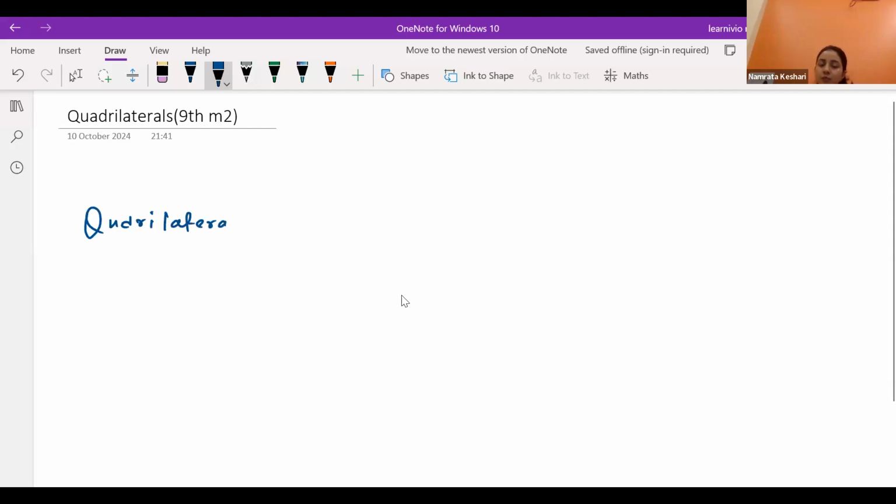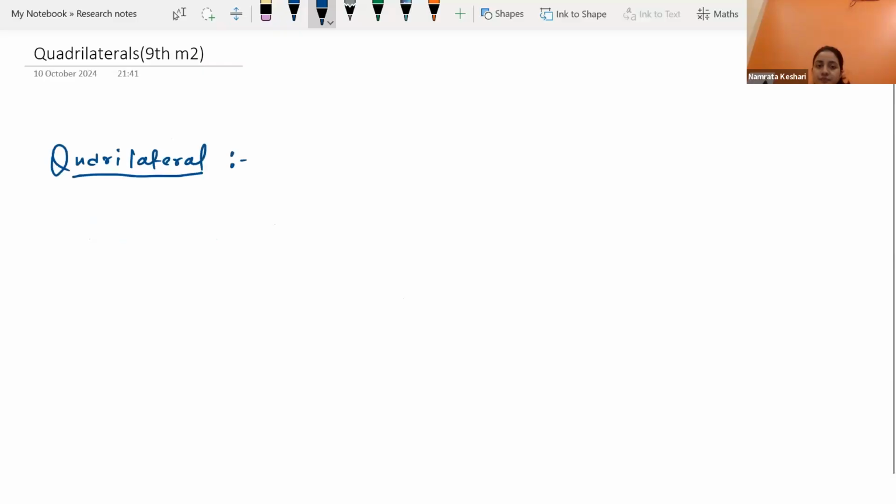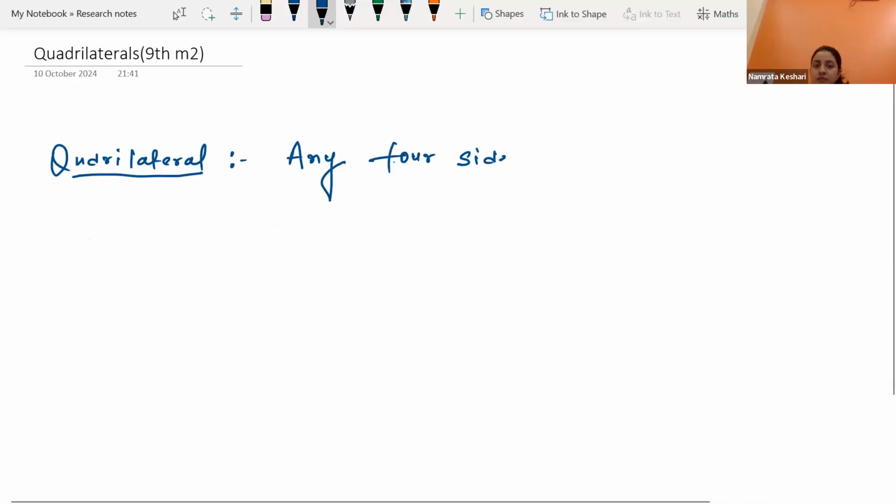The basic, only two properties are there, which is important. Any four-sided polygon is called a quadrilateral.